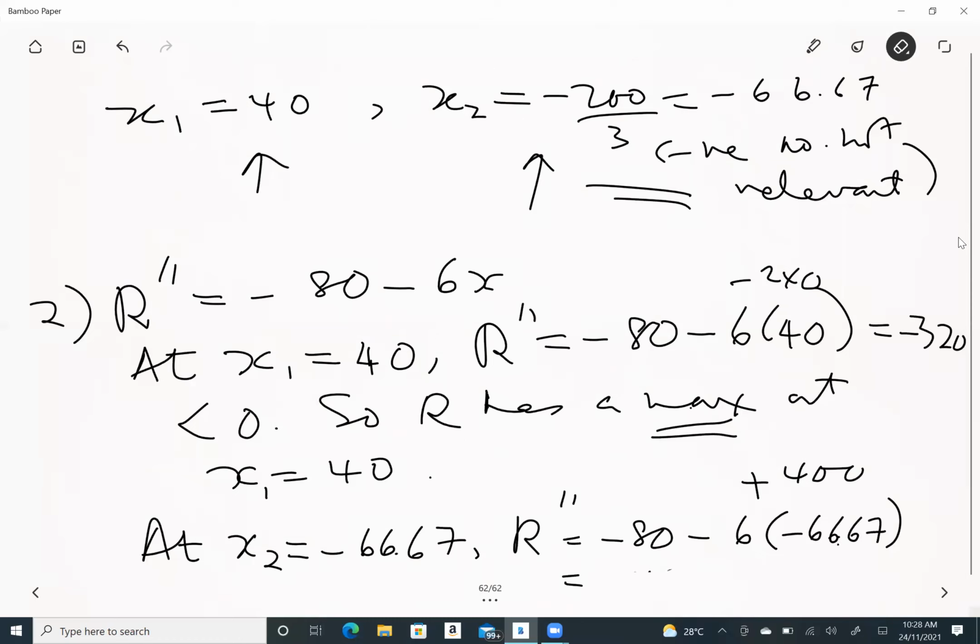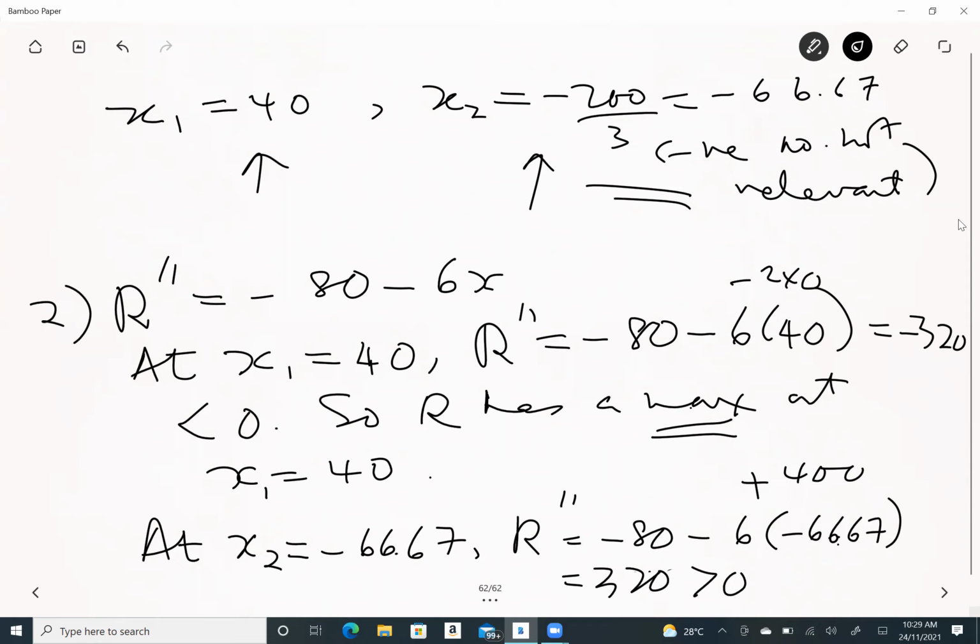I mixed up negative and negative. So make sure you got negative become positive. So that will be 320. Now 320 is bigger than 0. What is our conclusion? What about revenue?